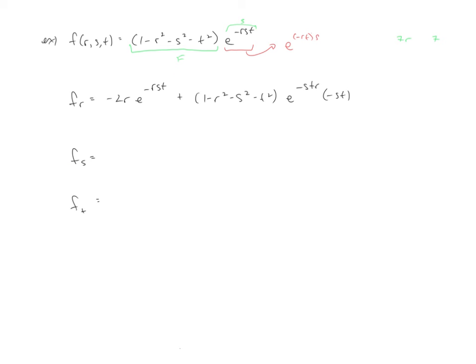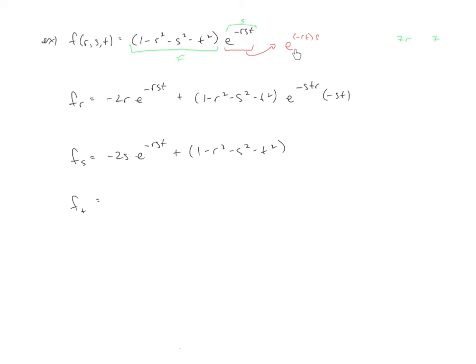So derivative of the first with respect to s: constant 0, minus 2s, and then we have another constant 0. Derivative of the first times the second, plus derivative of the second times the first. So this is the first that I'm writing down.